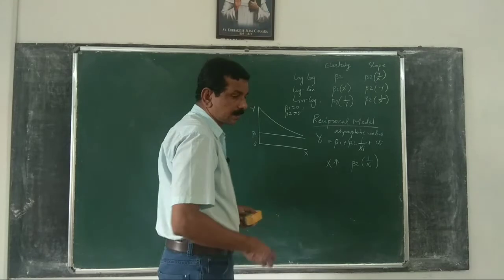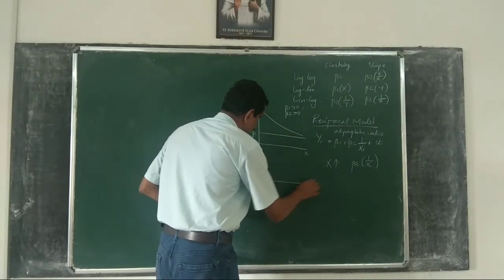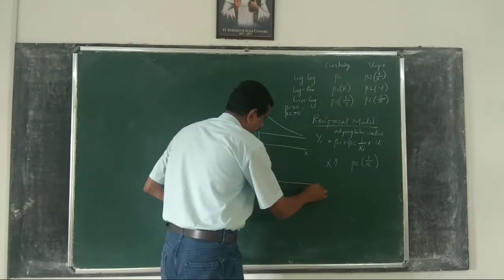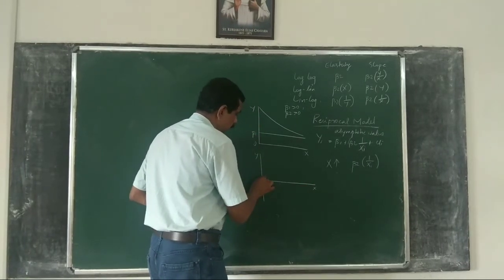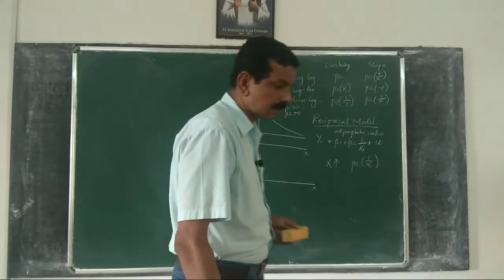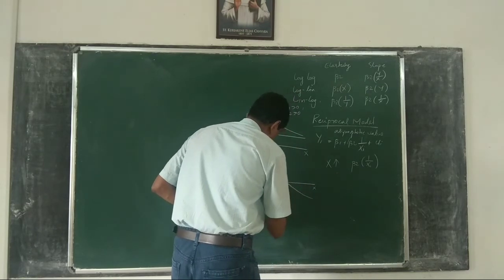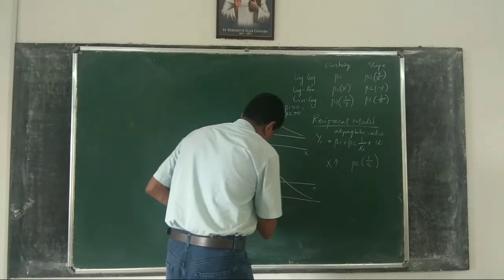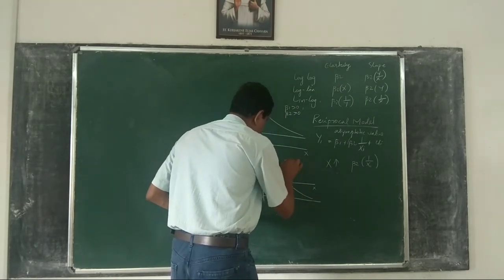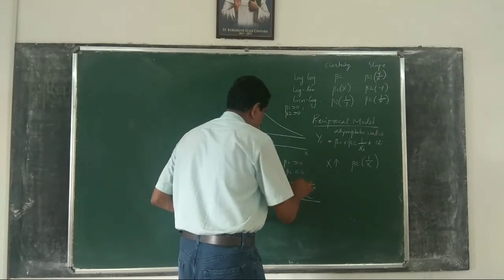The second possibility is y, x, 0. Suppose that this is beta 1, beta 2 is positive, beta 1 is negative.